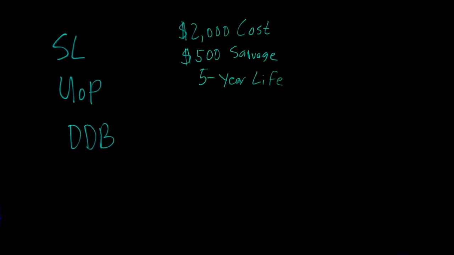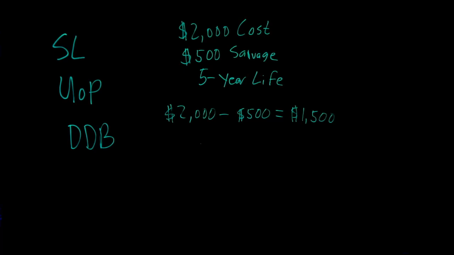So the first thing we have to figure out is the depreciable cost. So the depreciable cost is the $2,000 cost minus the salvage, and that gets us $1,500 of depreciable cost, because we don't depreciate the salvage value.